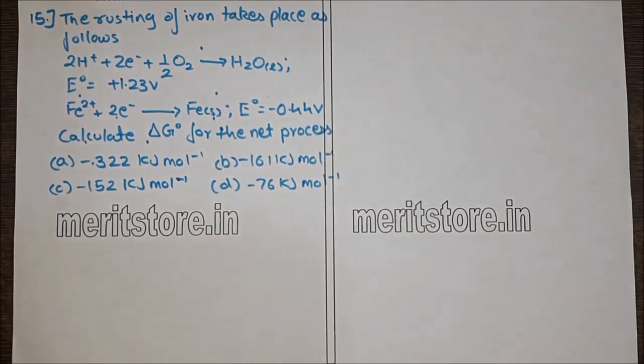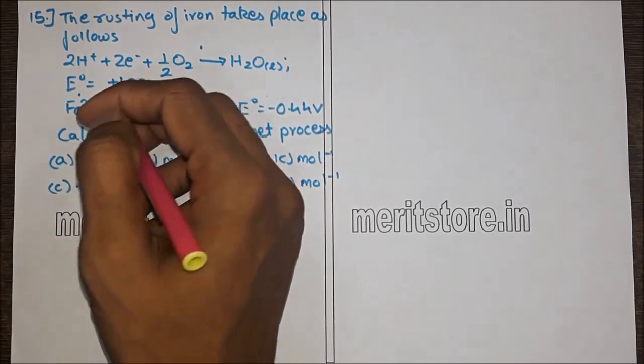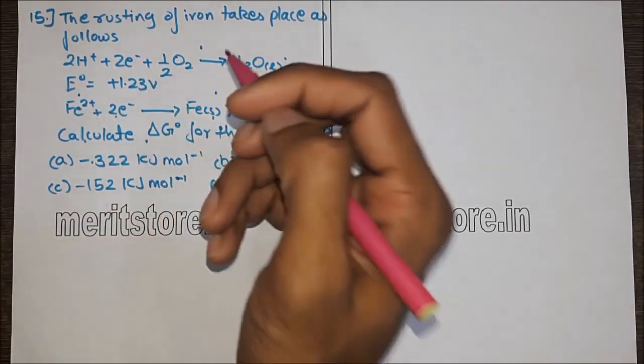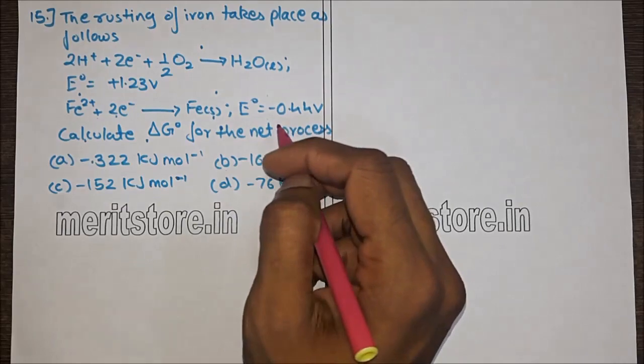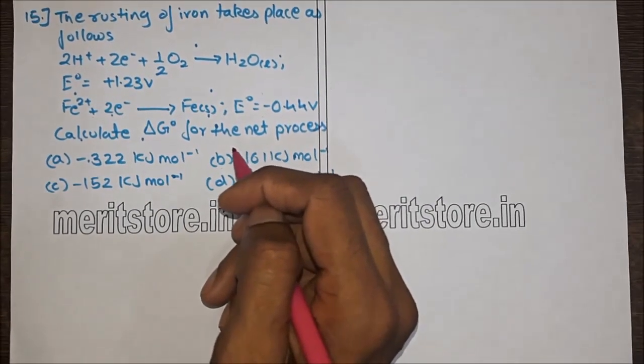Question 15. The rusting of iron takes place as follows. We are given standard potentials, plus 1.23 volt for one and minus 0.44 volt for the other. Calculate the Gibbs energy for the net process.